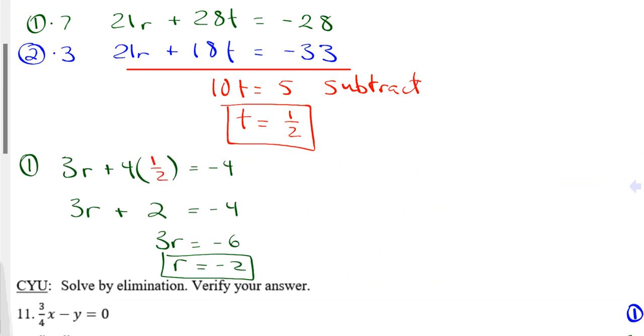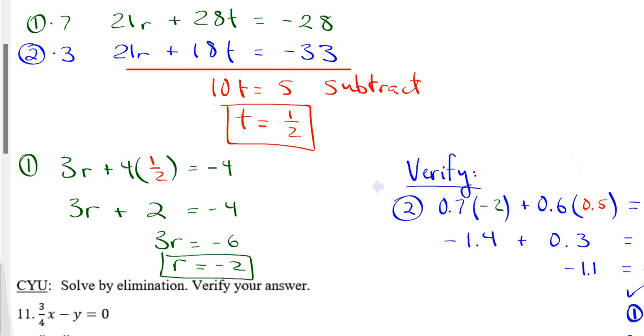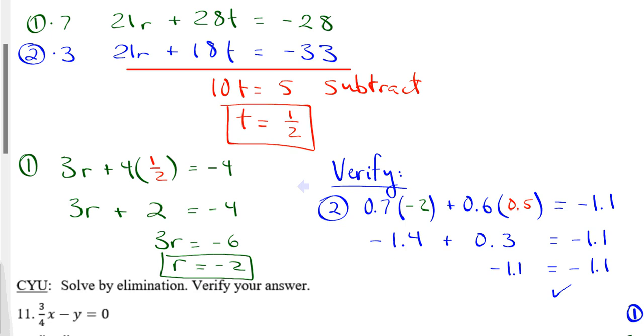And here I've picked equation 1. Substitute the 1/2 in and go through and solve for r. And then I can look at equation 2 to verify and see that left side equals right side.